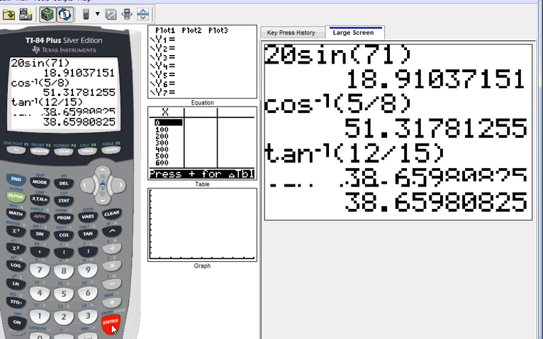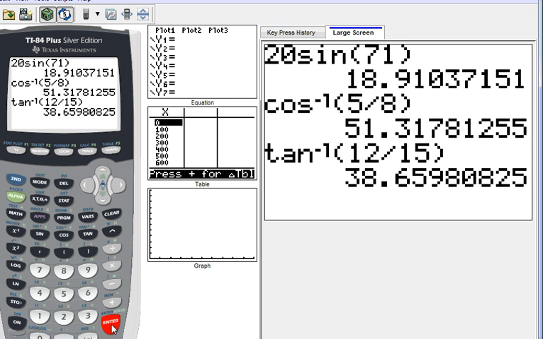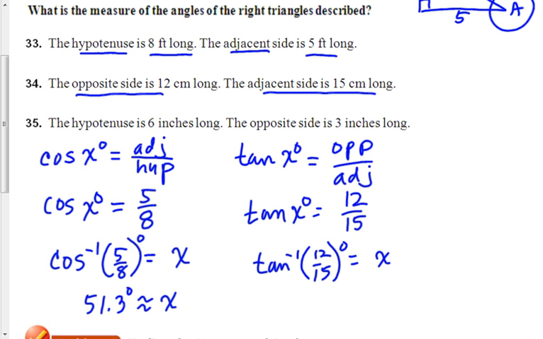And that gives us about 38.7 degrees. All right, if you want to go ahead and try 35 and then try the problem on the next page, I'll check back with you.